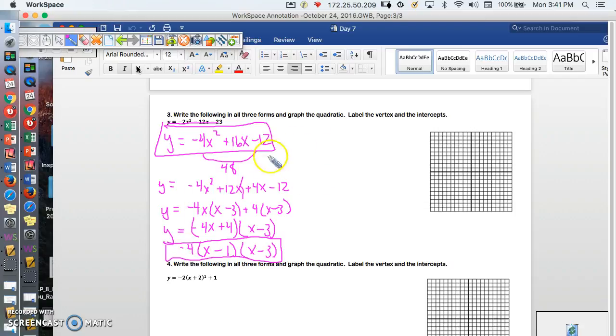All right, so our intercepts here, if we're to start labeling this, our x-intercepts would be at x equals 1 and x equals 3.